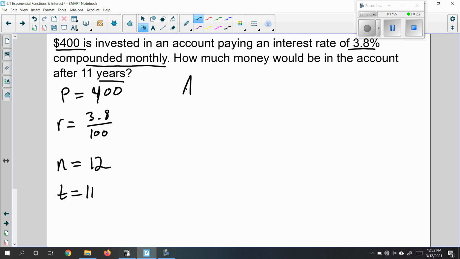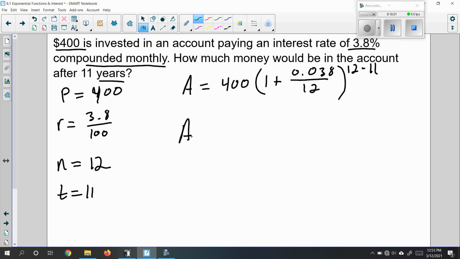So let's set up the problem. A equals 400 times 1 plus 0.038 divided by 12 to the power 12 times 11.